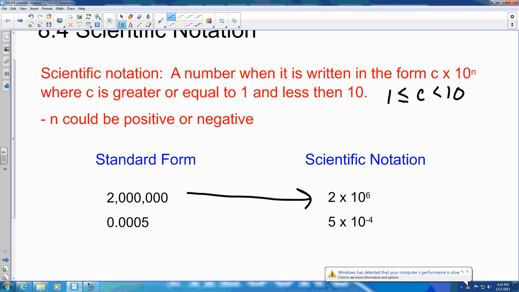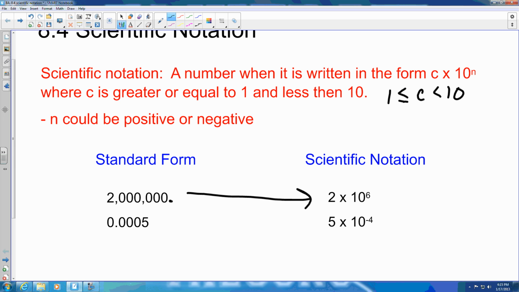Here's what we do. If you remember, even though it doesn't show it, there is a decimal point after the last 0 in 2 million. Usually it doesn't show it, unless there are decimal points that need to be used or numerical values that are less than 1.